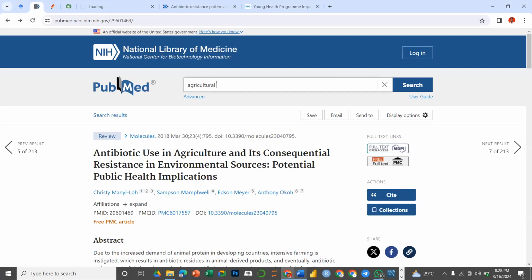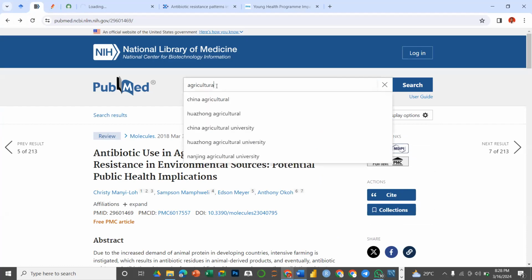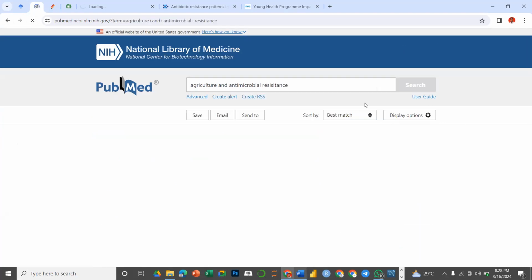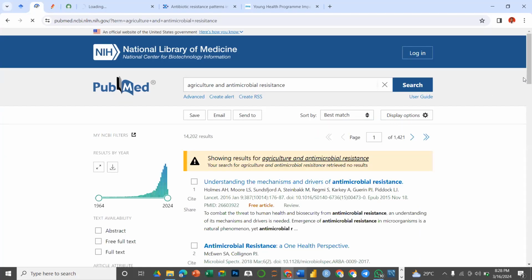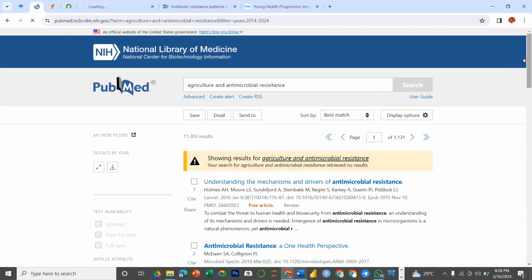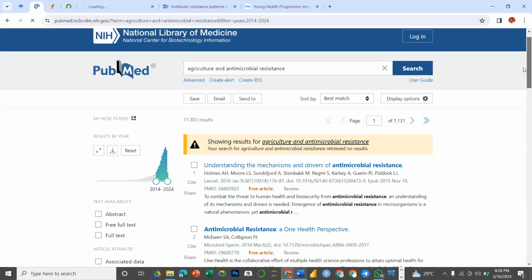Agriculture and antimicrobial resistance. So I don't want to start too long. So let me do the last 10 years also. Okay, last 10 years. It brought 1,131 results.